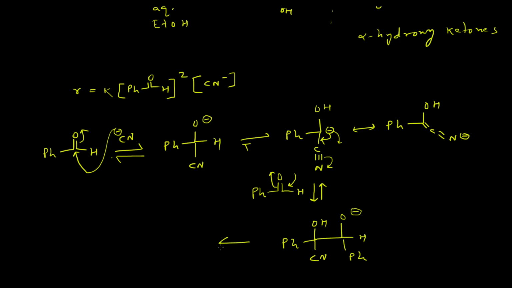Right? Now in the next step, this O minus will take this particular hydrogen atom from the adjacent OH group, which will result in the formation of this intermediate.